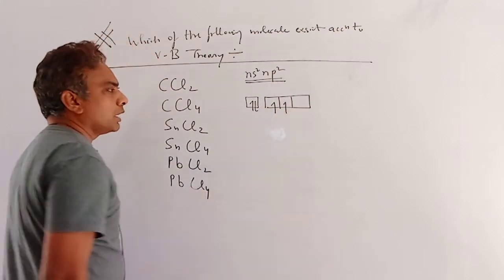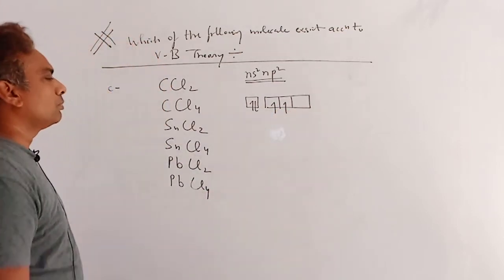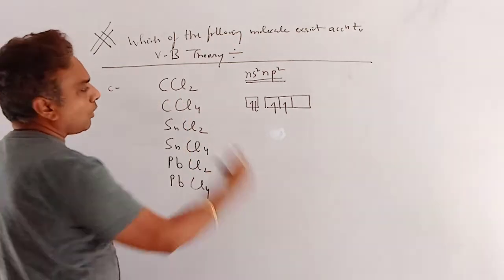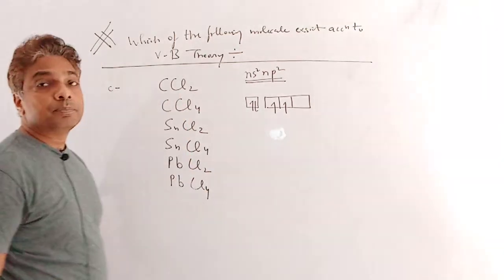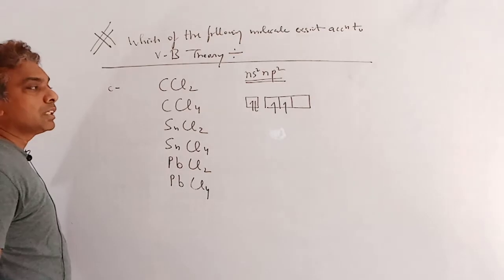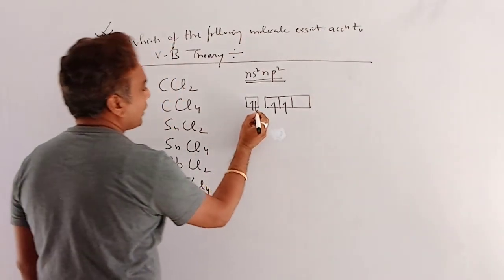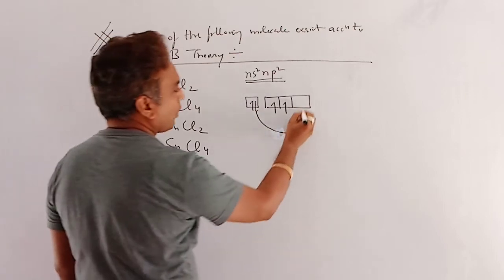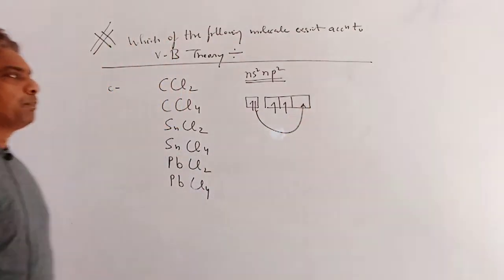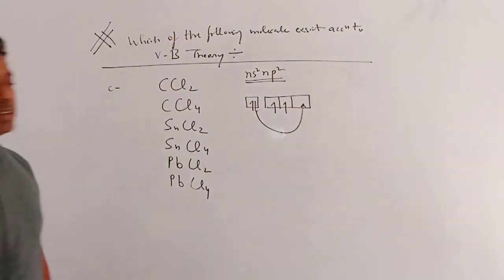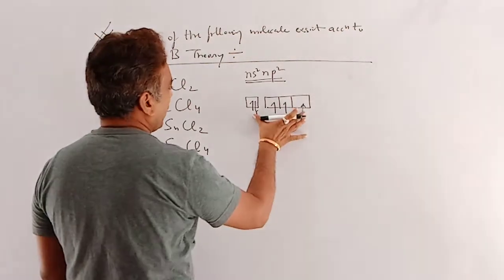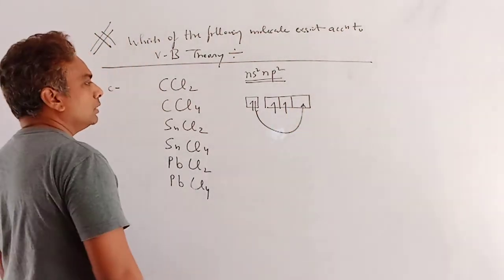So in ground state we have 2 unpaired electrons. So CCl2 is formed in ground state. But in case of carbon, after absorption of energy, the ns electron jumps from s to p subshell. So here 4 electrons are unpaired. Clear?